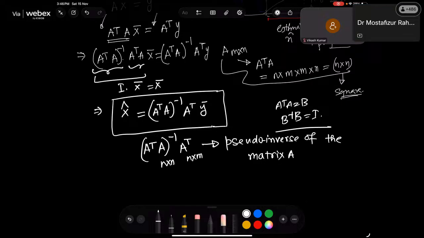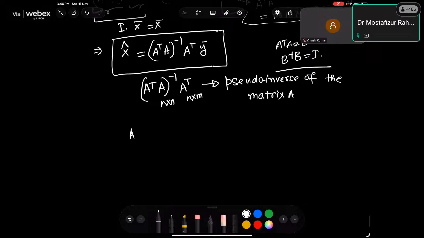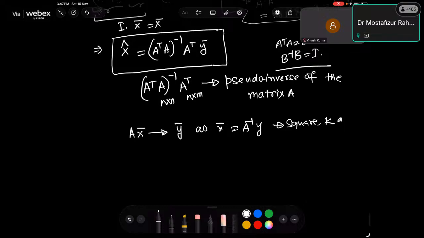Now, instead of solving A x bar equals y bar as x bar equals A inverse y, this is a direct solution, but you cannot get it for a rectangular system. It is good for a square matrix with a good condition number, kappa.